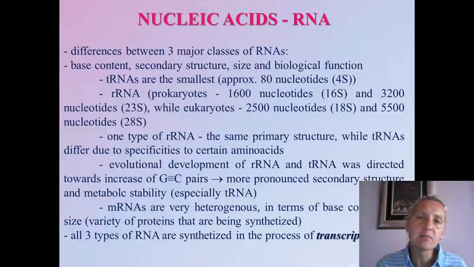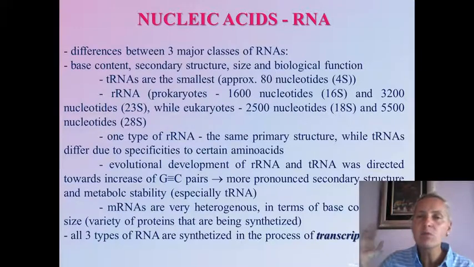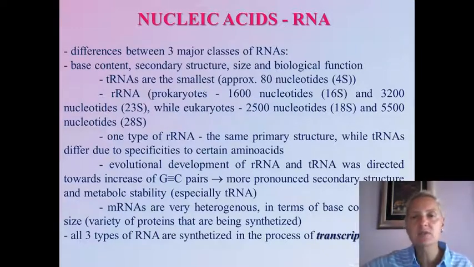On the other side, messenger RNAs are very heterogeneous, because if there are so many different types of proteins in our cells and body fluids, there are going to be that many messenger RNAs coding the amino acid sequences. So in terms of base content and size, they can be small if they're coding the biosynthesis of smaller peptides containing a couple of dozen amino acids, or they can be huge if they're coding proteins containing several thousand amino acids.